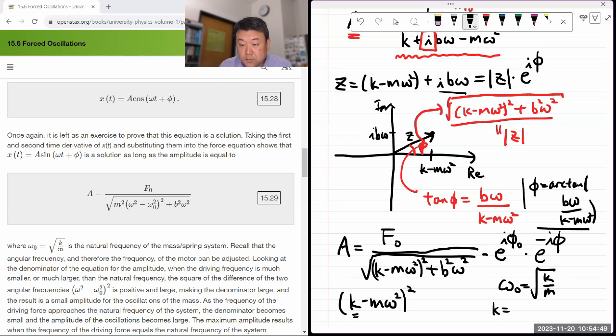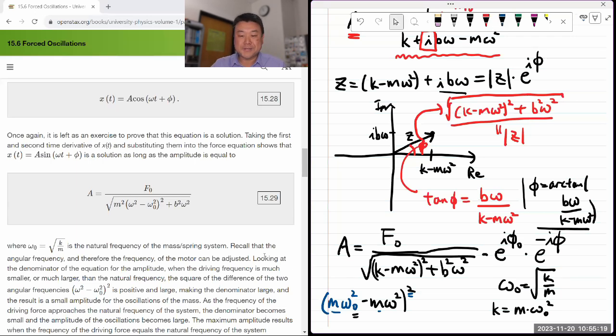Solving this for k, m moves over, so k is m times omega naught squared. So where I have k, I could have rewritten it as m omega naught squared. Same m. I can factor that out, so that's m squared there, and I have omega naught squared minus omega squared. Their order is different, but we are squaring anyway, so the order doesn't matter.